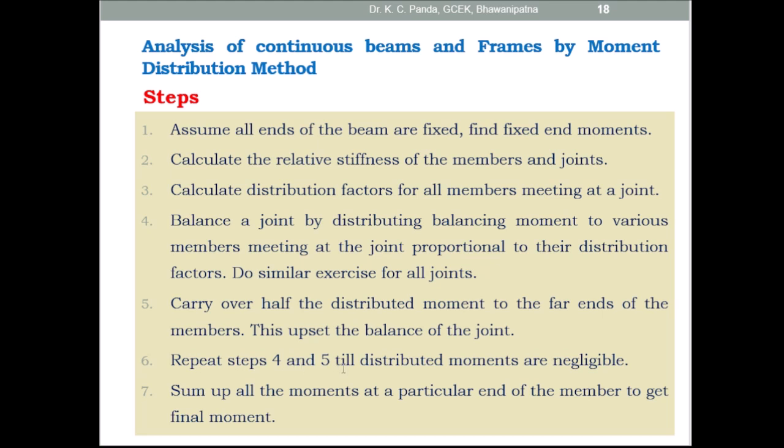Then repeat steps 4 and 5 till the distributed moments are negligible. Then sum up all the moments at a particular end of the member to get the final moment. So these are the steps you have to remember during the analysis of continuous beam and frames by moment distribution method.